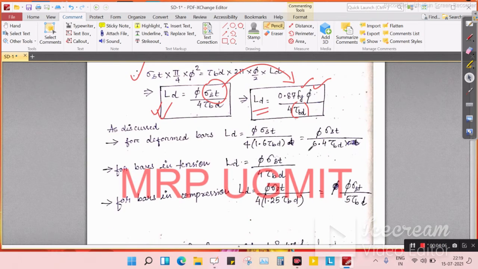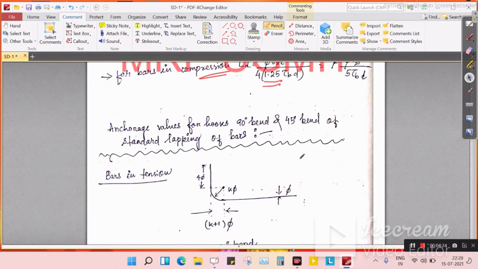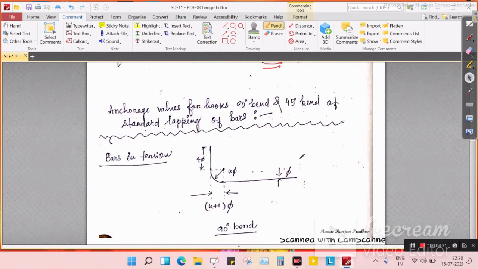Okay, so as discussed, for deformed bars, the tau BD value is increased by 60%, for bars in compression it is increased by 25%, and for bars in tension it remains unchanged.